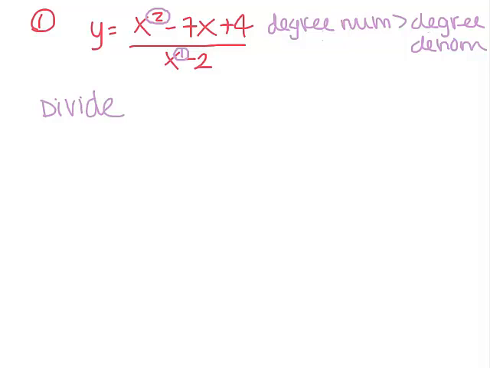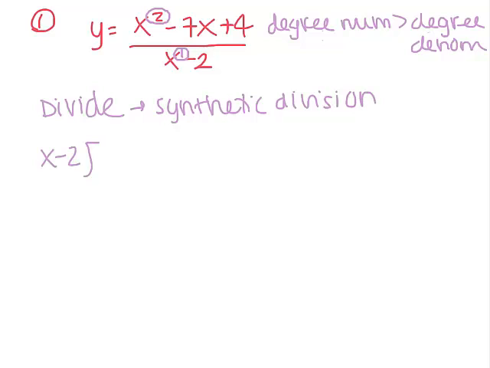Now, I believe that you did this in Algebra 2, so if you need a quick refresher on how to divide using synthetic division, just make sure you ask your teacher. I'm going to go through this pretty quickly. I'm going to do x minus 2 into x squared minus 7x plus 4.